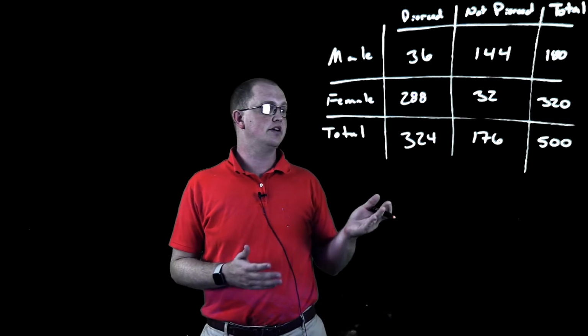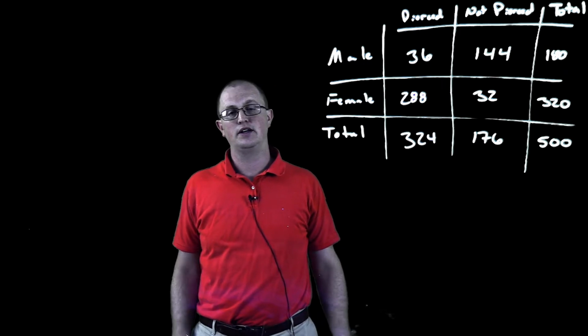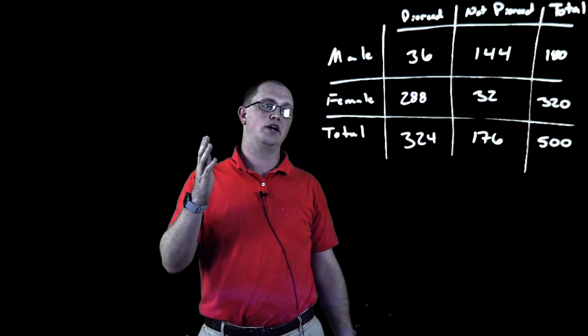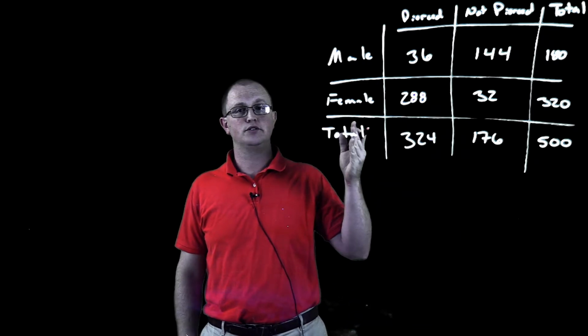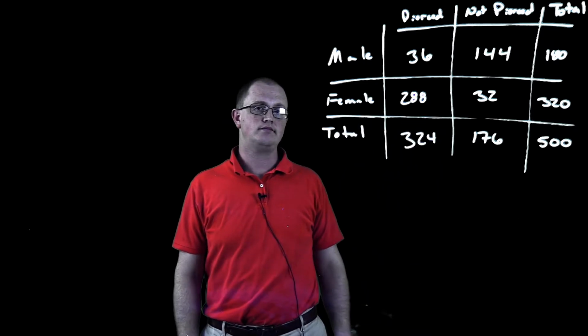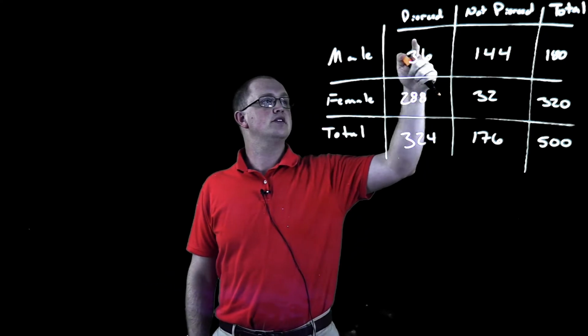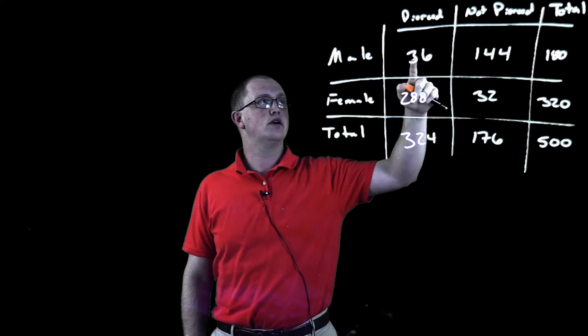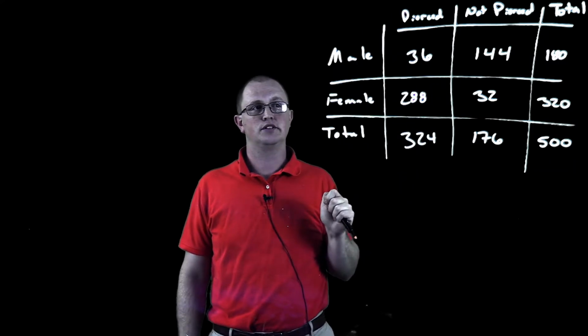So in this scenario, we had 500 high school students who were surveyed, and they were asked to report whether they were male or female, and also whether or not their ears were pierced or not pierced. And so the way that we read this table is that this 36 here represents the males who said that they had pierced ears.